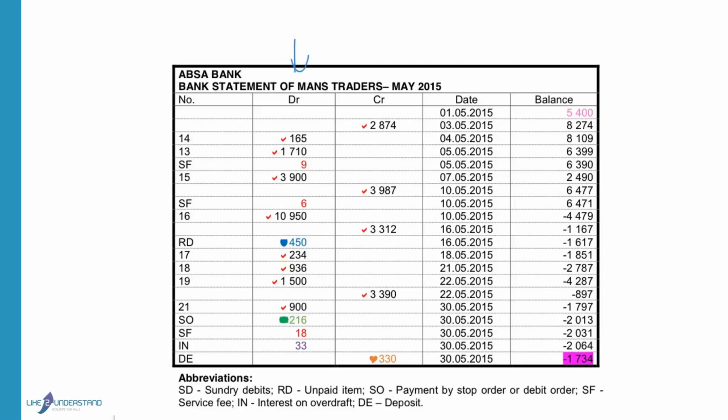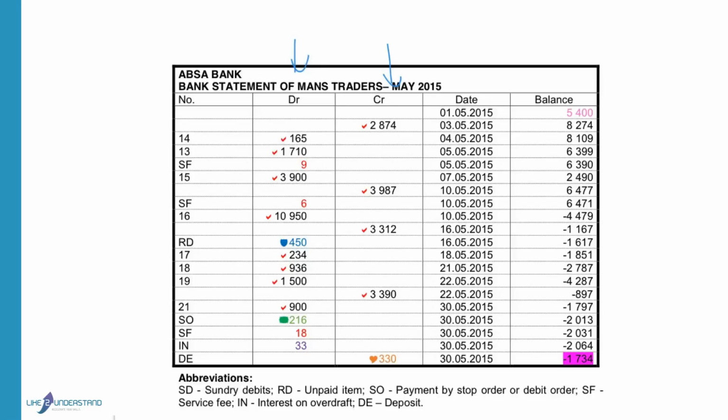The cash receipts journal will go to the debit side of the bank because we increase the money in the bank, and in the bank statement it will appear on the credit side. All the ones that are not ticked off must still be recorded in your journals. So I have to look at all these figures that are not ticked off and record them in the cash receipts or cash payments journal.